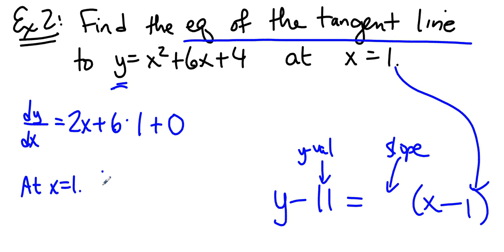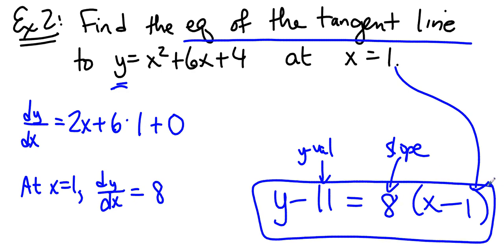At x equals 1, dy dx is 2 plus 6, that's 8. That's the slope. That is an equation of the tangent line. You can leave it in point slope form. You can get y by itself if you like. That's up to you.